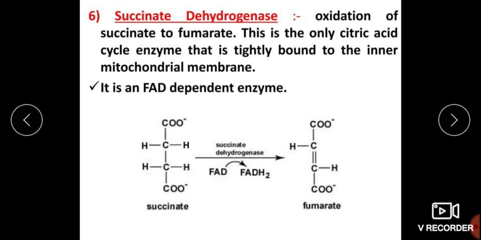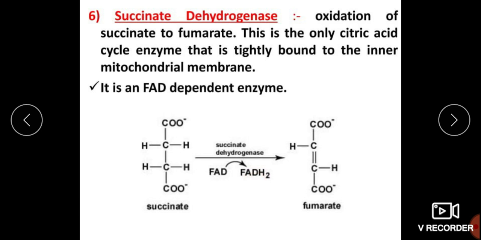Next, succinate dehydrogenase. This succinate dehydrogenase enzyme carries out the oxidation of succinic acid to fumaric acid. The removed hydrogen is accepted by FAD and it gets converted into FADH2.